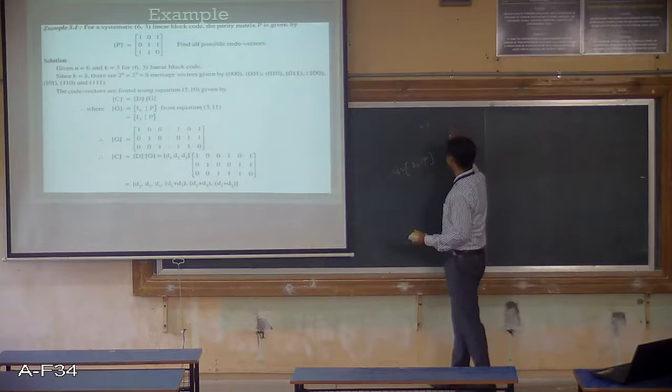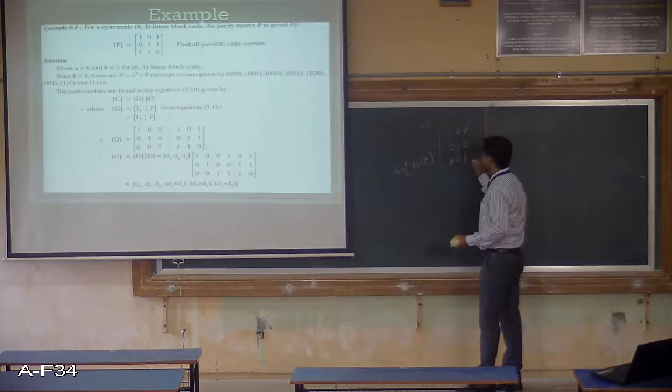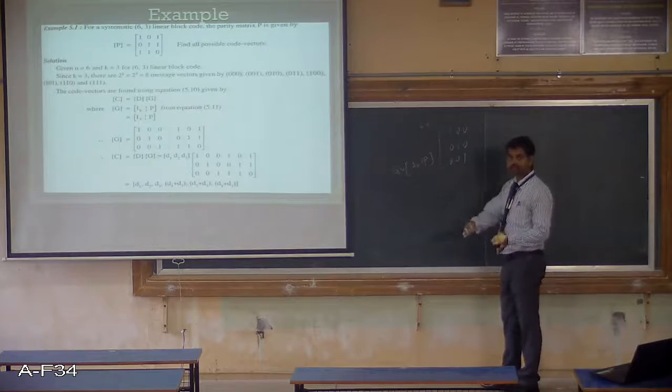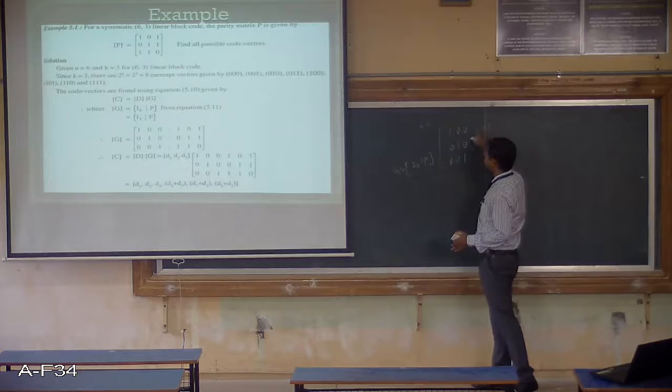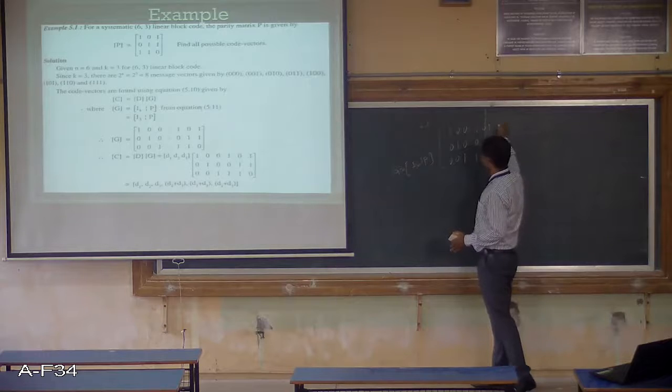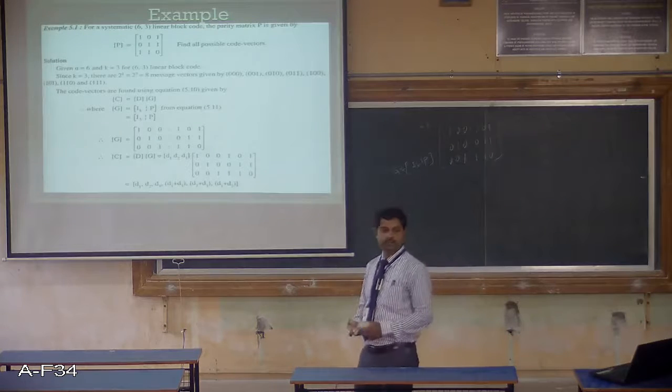How to define it? This is the I3 followed by P. P is 1, 0, 1, 0, 1, 1, 1, 1, 0. It's our G. Okay. The message vector is already given.